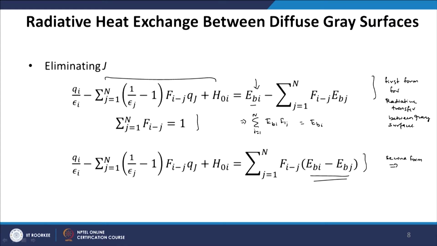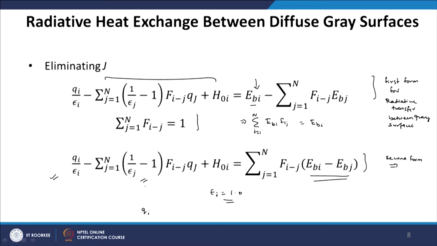Now, let us see what happens when we substitute epsilon equal to 1 in this case, that is, the surfaces are black. I will just use this equation. So, in this equation let us put epsilon i equal to epsilon j equal to 1, we get q i.